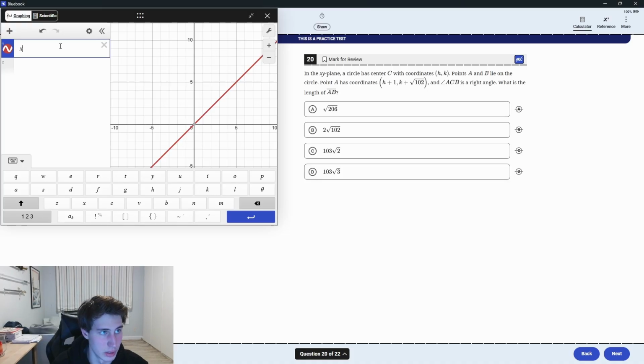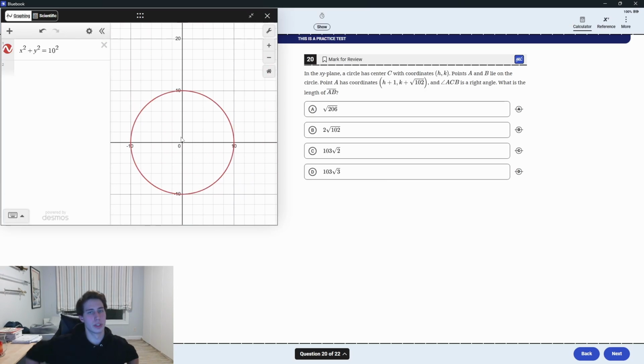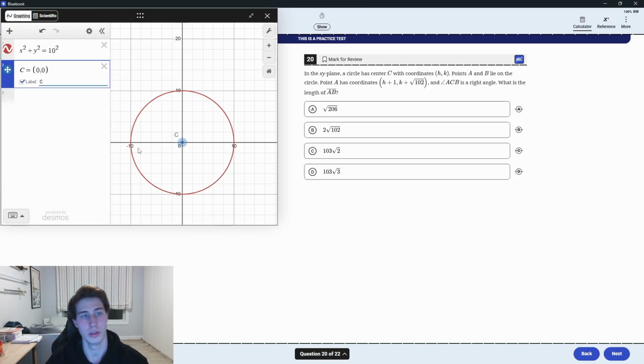So, to help us visualize this, let's just draw a circle. x squared plus y squared is equal to, call it, 10 squared. So we have our circle here, okay? And a circle has a center of C. So C is at 0, 0. We'll label this C, which has coordinates hk.